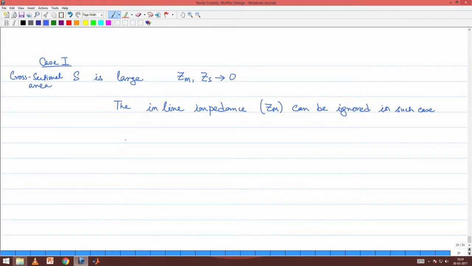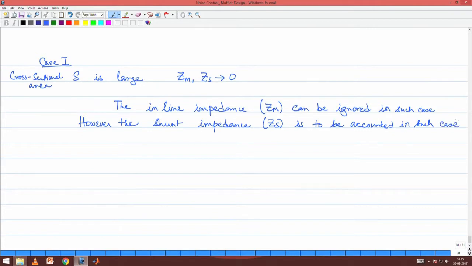So, the inline impedance Zm will be ignored in case both of them are small. However, the shunt impedance Zs is to be accounted for in such case, right.